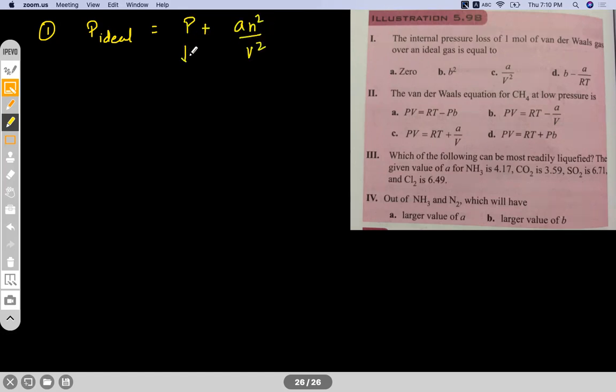This is the pressure of the real gas, and this is the pressure of the ideal gas, right? So the difference, the internal pressure loss, is P ideal minus P real, which is equal to A times n square by V square. n is given as 1 mole, so A by V square. Hence option C is the correct answer.